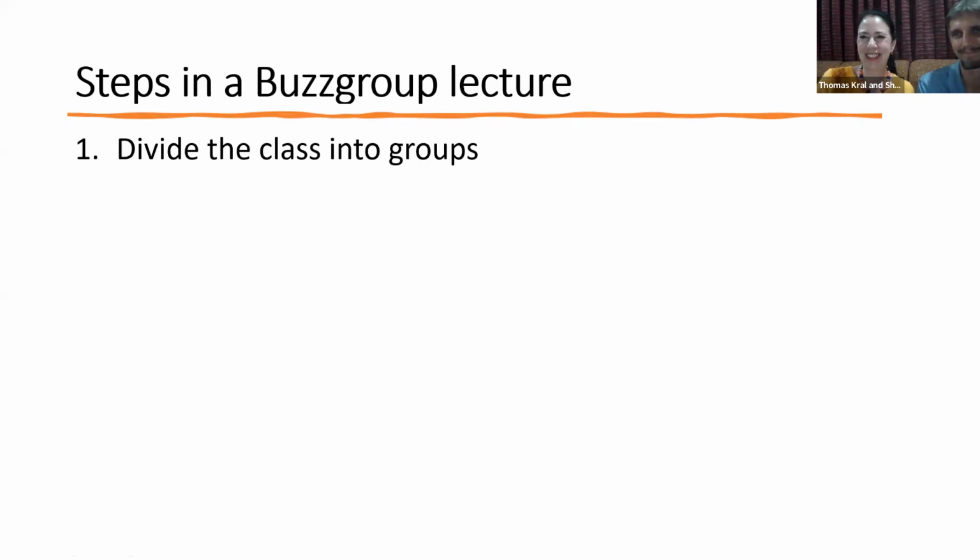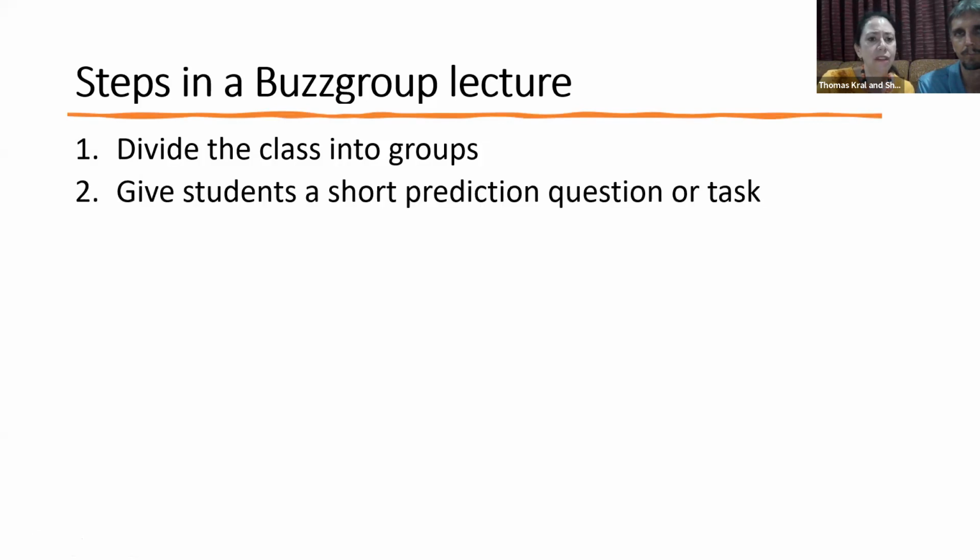It's a little bit more difficult online, but we thought we would try a very condensed version. What you do is you divide the class into groups, and I did this today, in fact. I had 5 groups of students, 5 members in each group, and that was nice. Then you give the students a short prediction question or task. So I had a lecture.